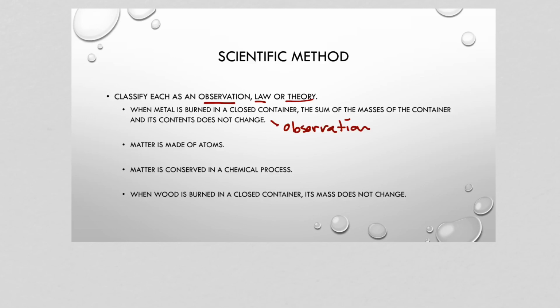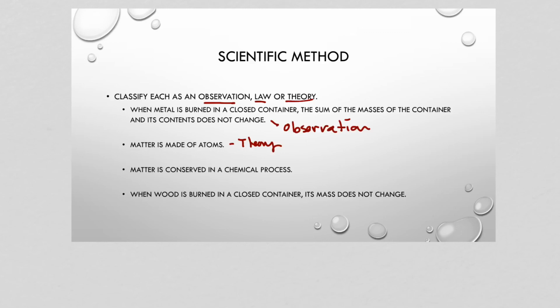How about this one? Matter is made up of atoms. This is going to be a theory, right? This is a little deeper understanding. It's trying to explain what matter is, or why matter is what it is, that it's made up of atoms, right?